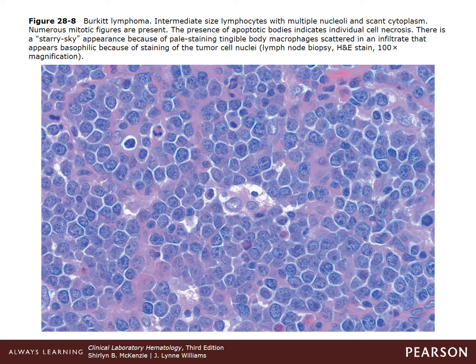These cells are intermediate in size with nuclei approximately the same size as those tingible body macrophages. Small nucleoli are present, and mitotic figures or apoptotic bodies are also present.